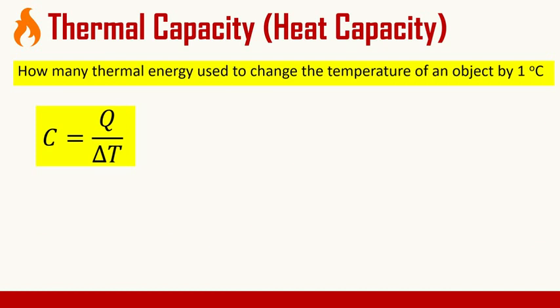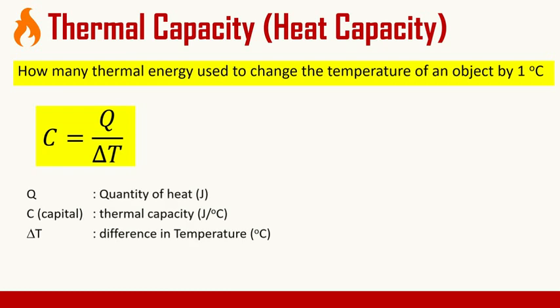Next, based on the definition, you can make a formula for the heat capacity. The heat capacity symbol is capital C. Remember, it's supposed to be capital because later the small c has a different meaning. It's equal to Q divided by delta T. What is Q? Q is the quantity of heat. Heat is energy, that's why the unit is joule. C is the capital for the thermal capacity, that is joule per degree Celsius.